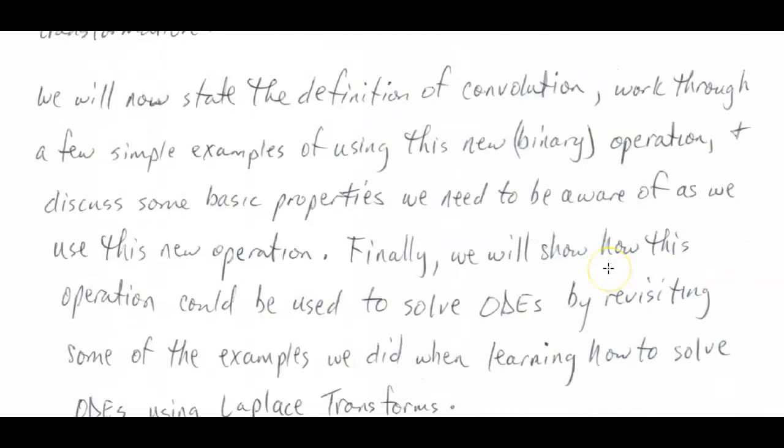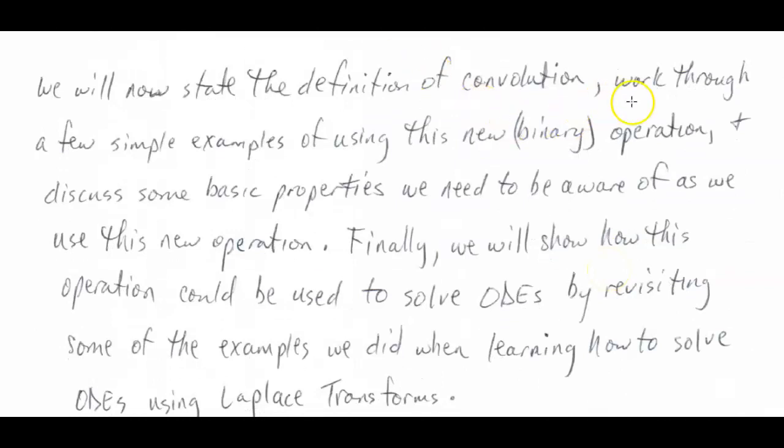So now what I'm going to do is state the definition of convolution. I'm going to work through some simple examples using this new binary operation that we're going to define, and then discuss some basic properties we need to be aware of as we use this new operation, okay? So this first video will stop at this point, okay?